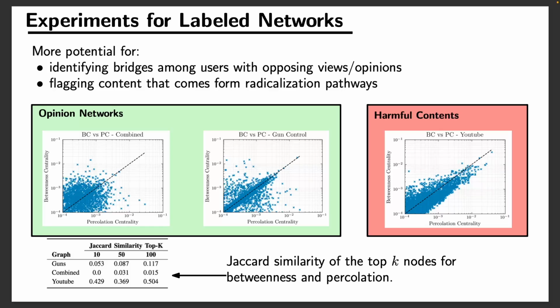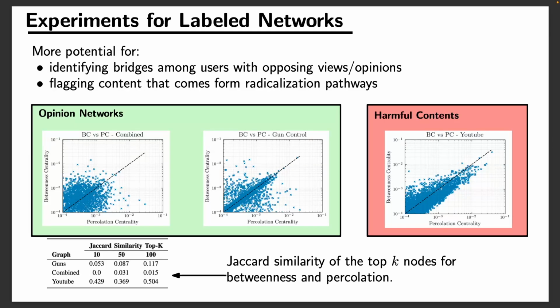Indeed, we used two types of real-world networks: opinion networks and harmful content networks. In the first one, the percolation states have value that can be either 1 or 0, representing the different opinion that a node can have. And in the second one, the percolation state is a real value between 0 and 1 and indicates how dangerous that node is for the network.